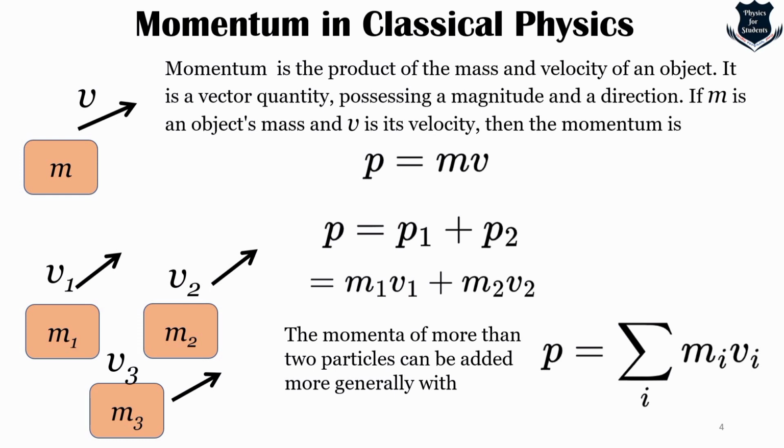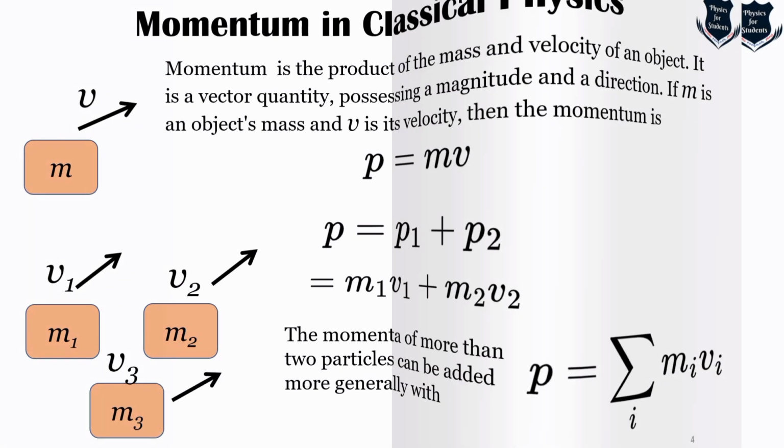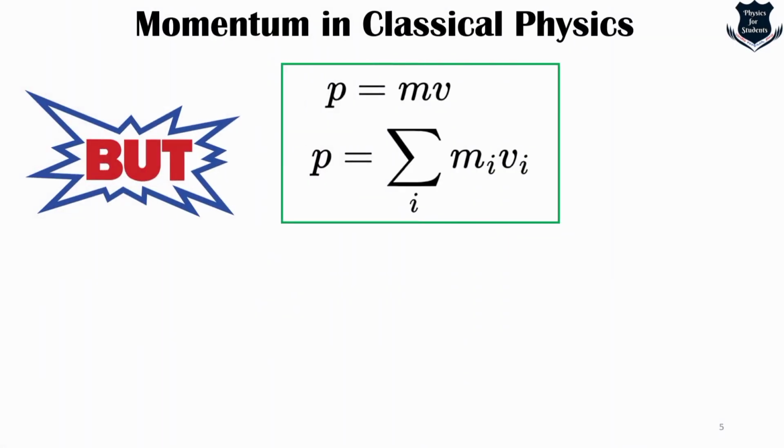But we need to find out how this can take place, or can we take forward this formula in quantum mechanics. Now as you see, the velocity times mass for a particular object, and for n number of objects, is the formula. But here you see that we deal with the macroscopic scale.